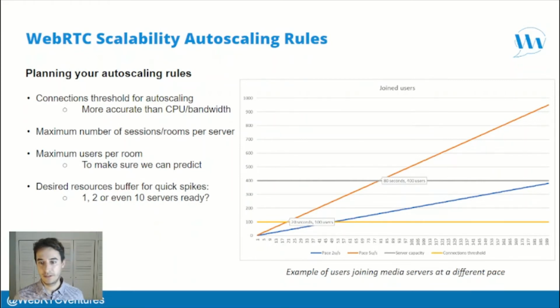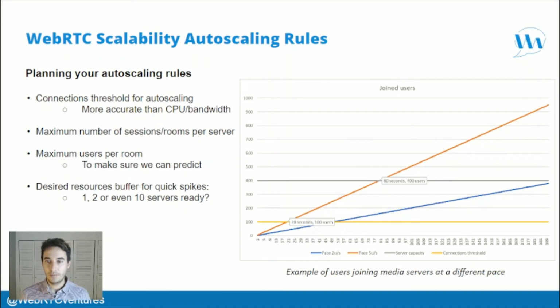So in this case, in this diagram, I assume the connection threshold is 100 connections for this specific server, and that threshold is what will indicate that we need to auto-scale. Also, an important part is to know the maximum number of sessions per room, the server sessions per server that we can handle. And also we want to make sure that we have a limited users per room as well, and we need to predict that in some way.